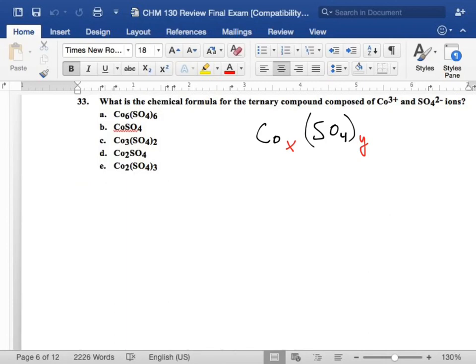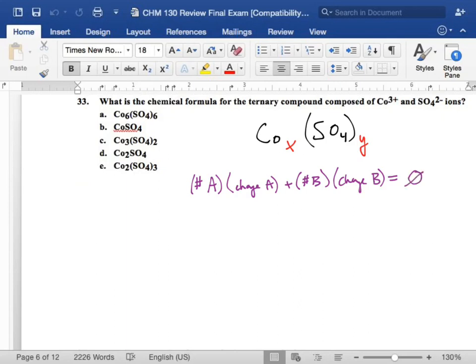Okay, to go through and process this, this comes back to our rules for how we deal with nomenclature and how we balance this out. The rule that we talked about in class: the number of atom A plus the charge on A plus the number on B plus the charge on B must equal 0.